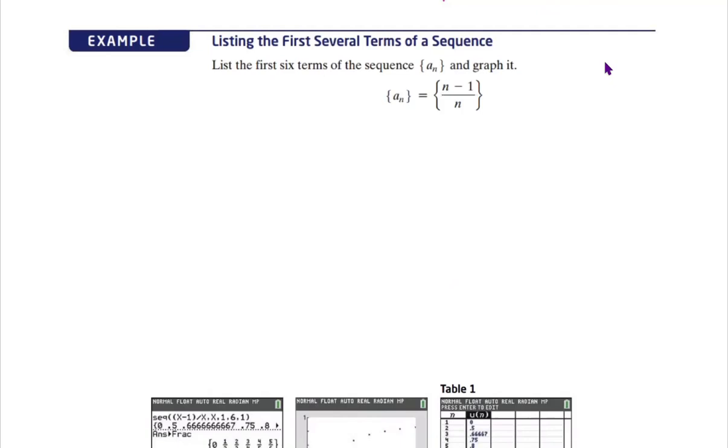The first six values depend on how you start.